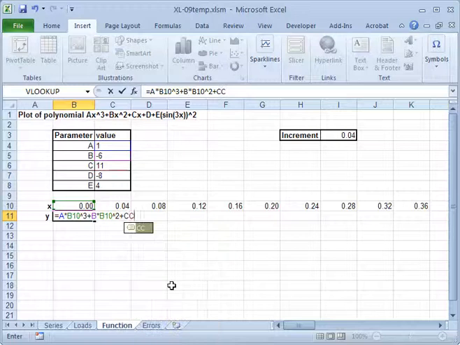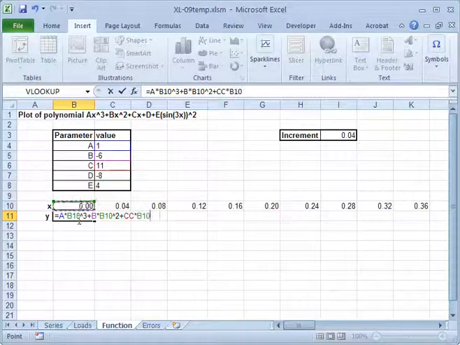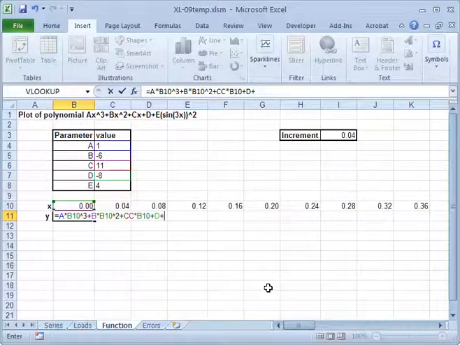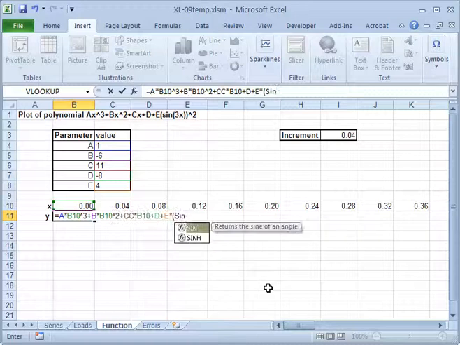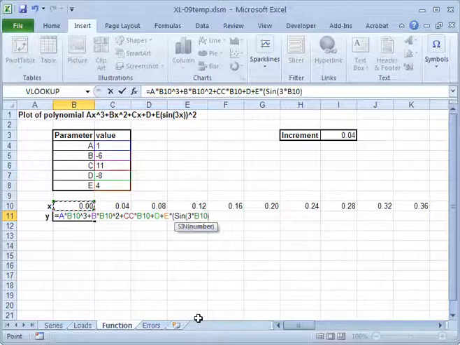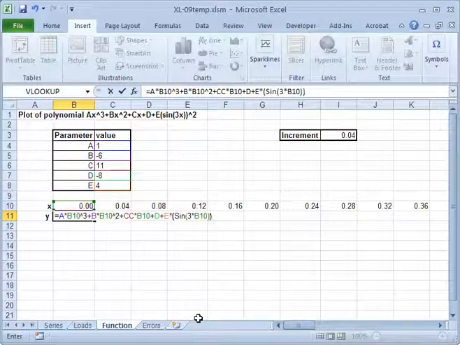Same thing, at this moment cc is our next coefficient times B10, plus d, which is just the constant term, so d is enough, and plus we have the remaining one, e times sine 3 times x, so that's B10 again. So close parenthesis and another one, and we're going to make it squared. So that's the whole function that we're going to talk about.